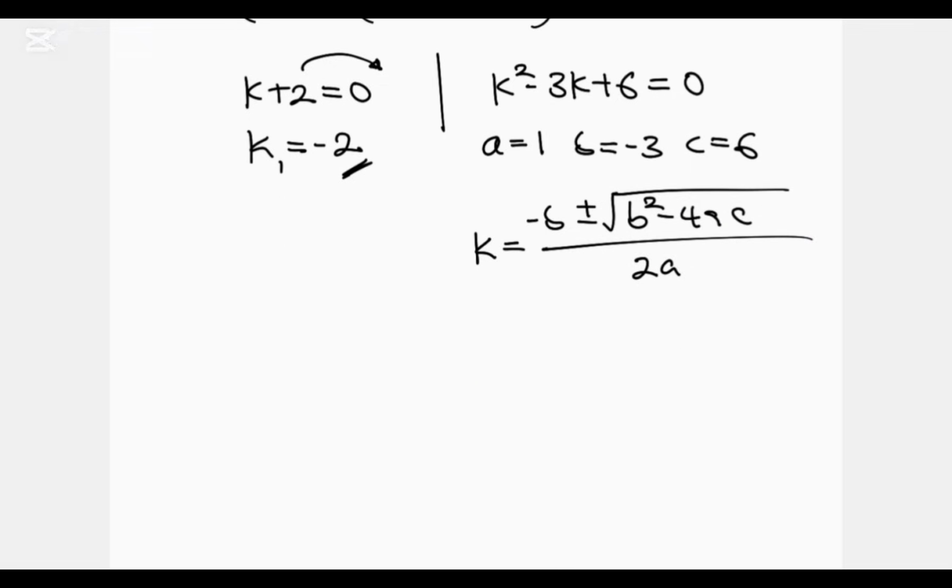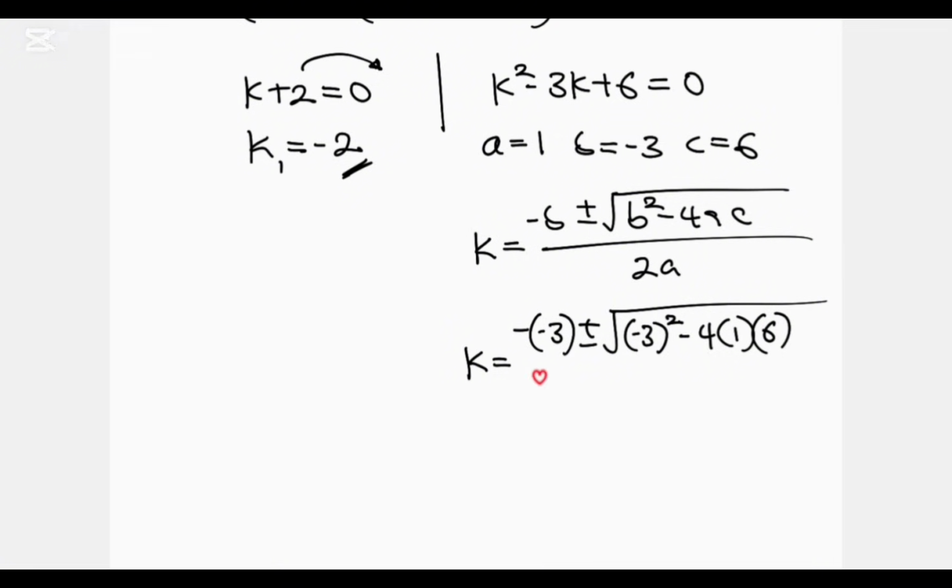Now we're going to be substituting these values here. So we have k equal to negative b, so that will be negative b is negative 3, plus or minus the square root of b squared, so that's negative 3 squared, minus 4 times a is 1, times c is 6, all over 2 times a.